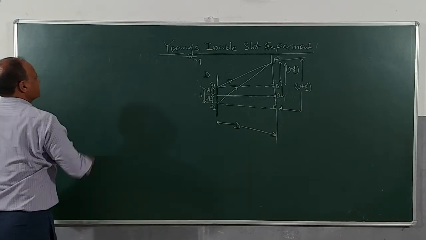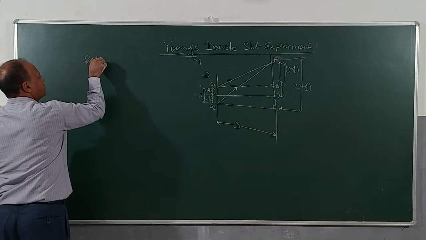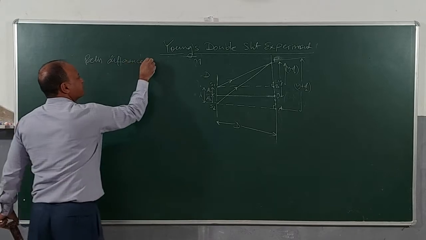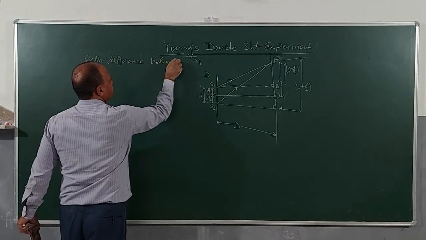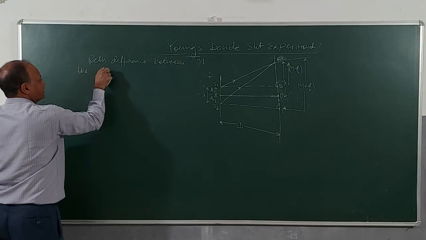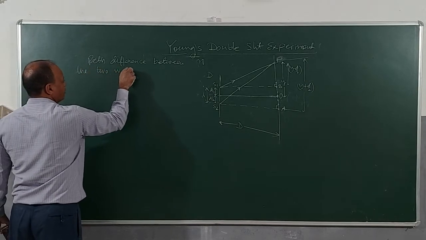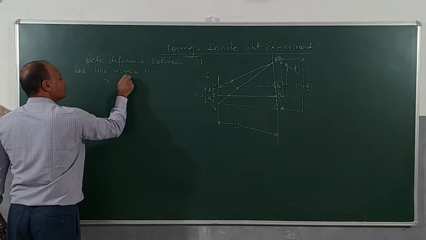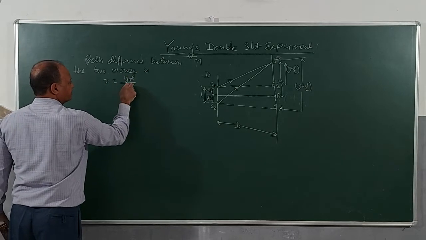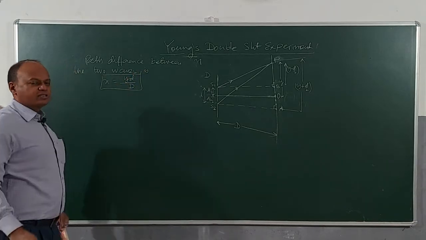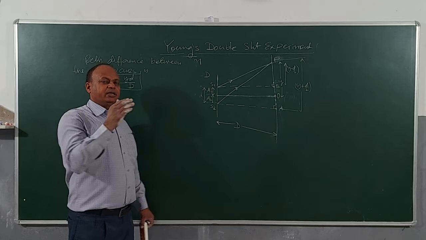We will say the path difference between the two waves is x is equal to y small d by capital D, right. This is the result that we obtained, and then we say that P can be nth maxima or nth minima.